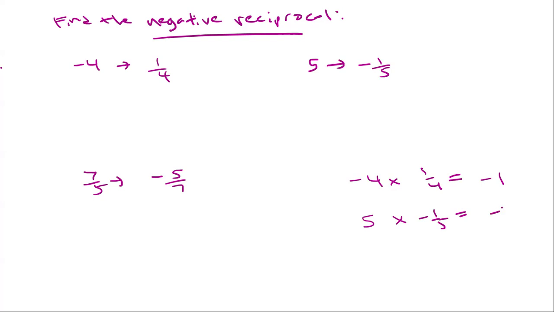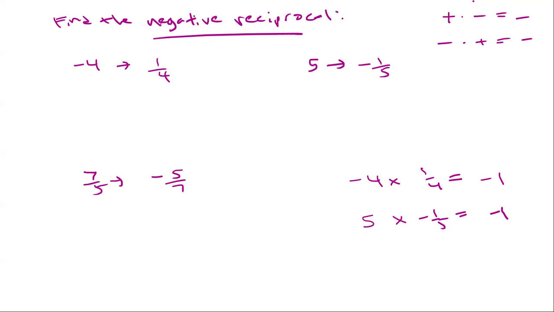No, remember, it has to be a product of -1, right? It can't be a positive. Remember, if one is positive and the other one is negative, the product of that will always be negative, right? Positive times a negative is a negative, and a negative times a positive is always a negative. Okay?